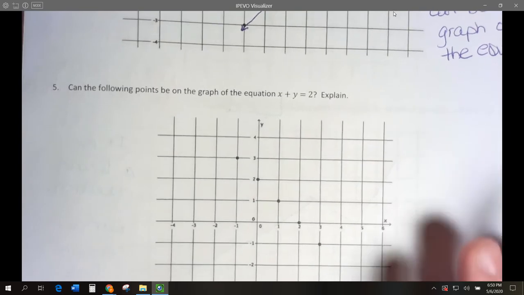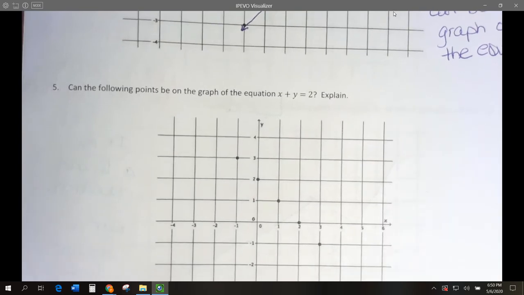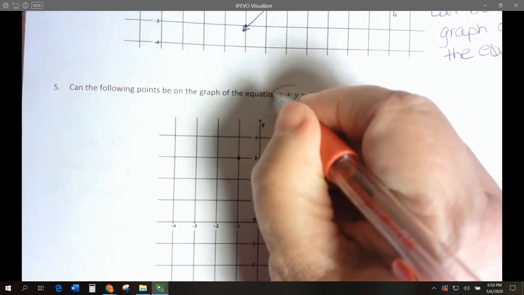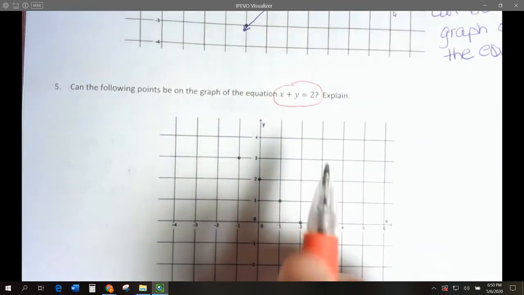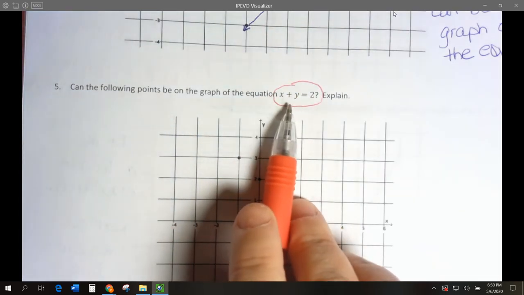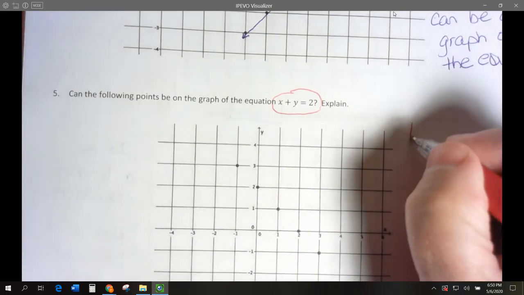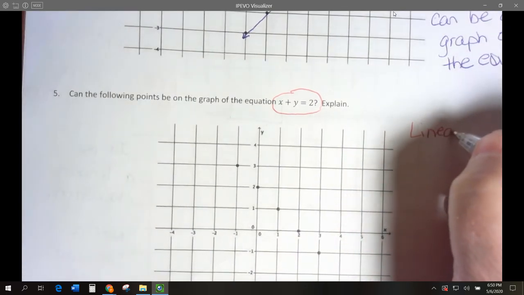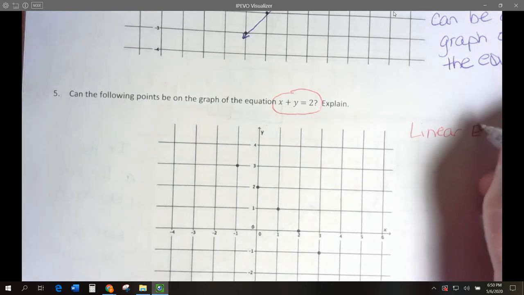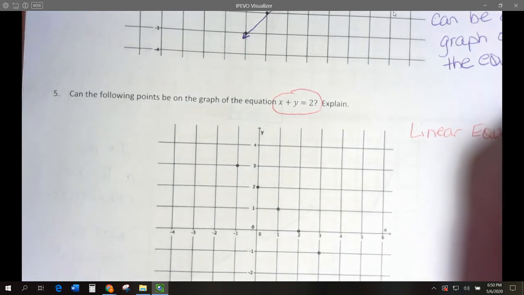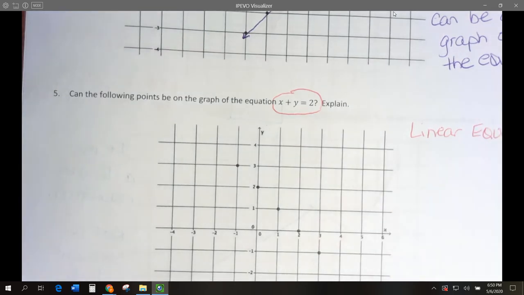Number 5. Is this a linear equation? I don't see exponents to the variables. I don't see any variables in denominators. So it's a linear equation. Let's connect the points to see if they form a straight line.